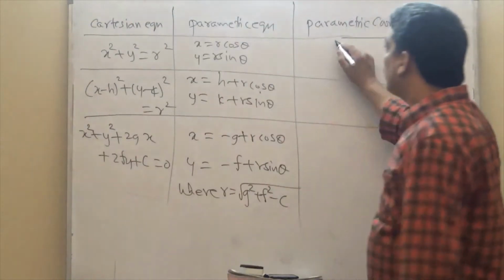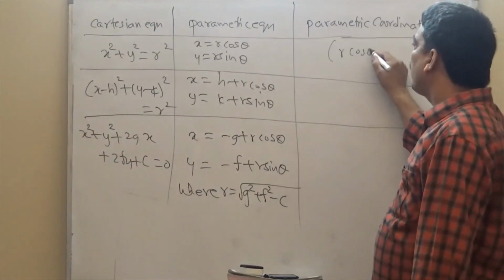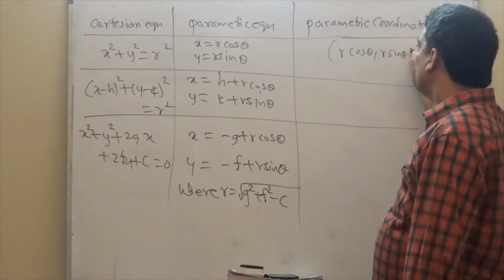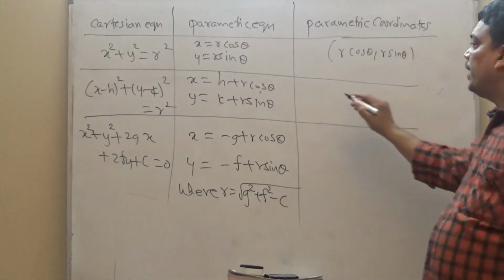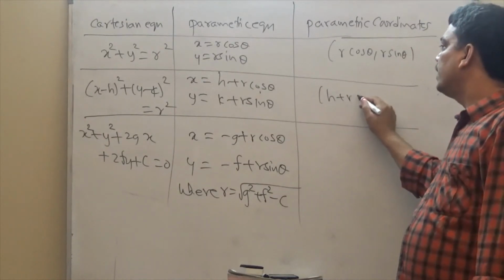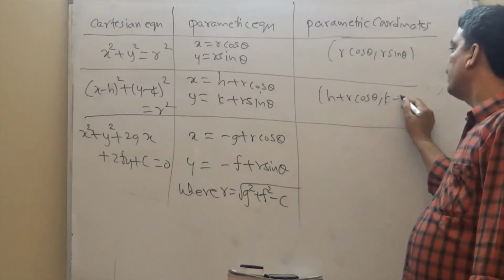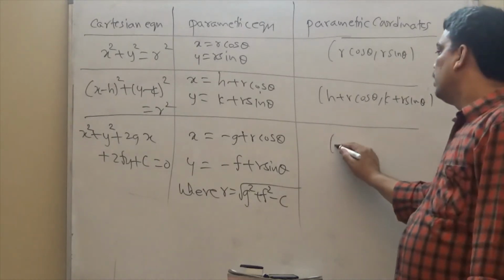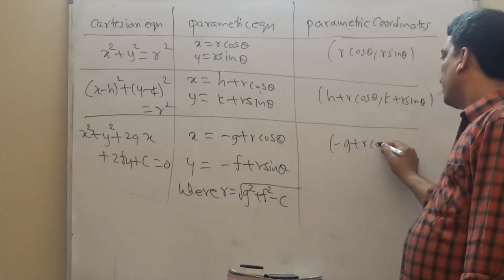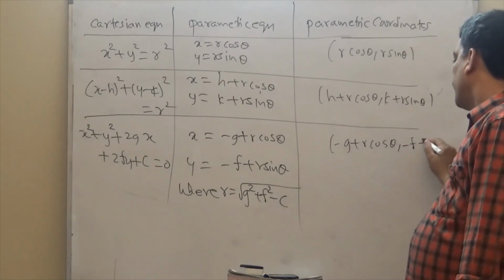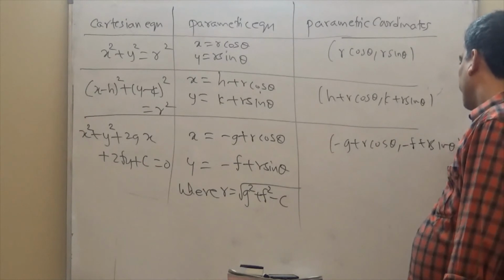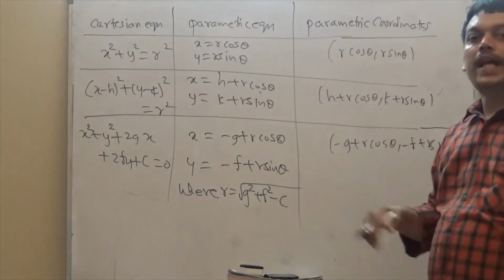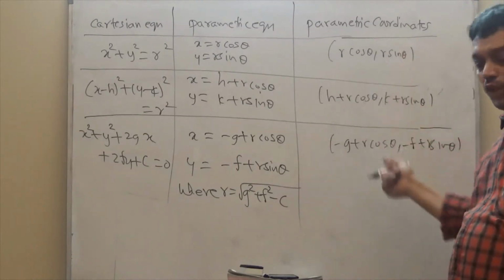For this circle the parametric coordinates for any point are (r cos theta, r sin theta). For this circle the parametric coordinates will be (h plus r cos theta, k plus r sin theta). And for this form the parametric coordinates are (minus g plus r cos theta, minus f plus r sin theta). So this is about the parametric equation of circle in different forms.